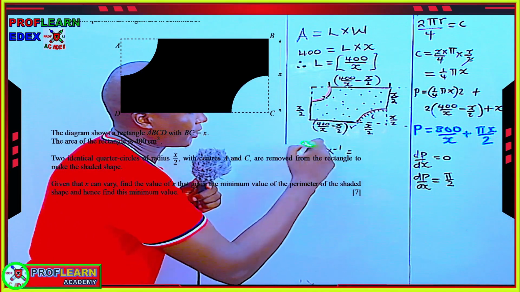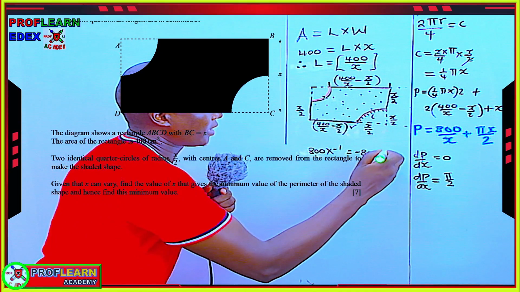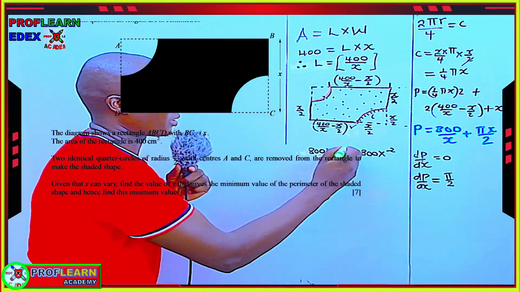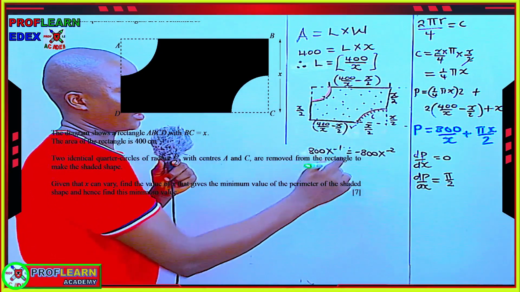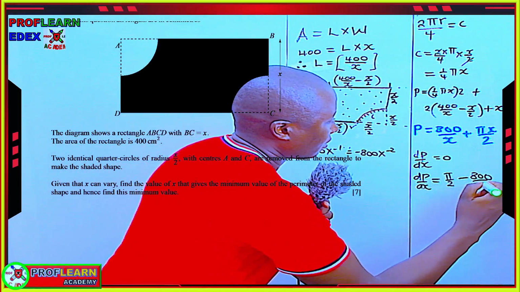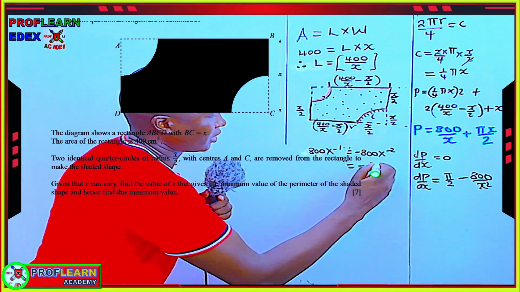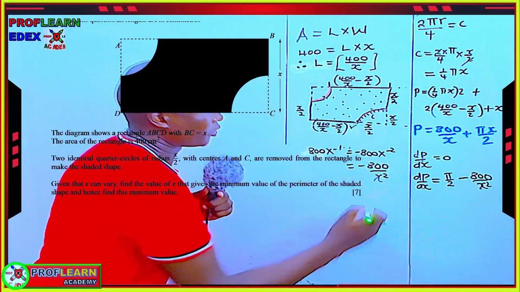Differentiating this, we take the power down, negative 1 becomes negative 800 x to the negative 2, because you subtract 1 here, and basically that becomes minus 800 over x squared, because you can write it as 800 over x squared.